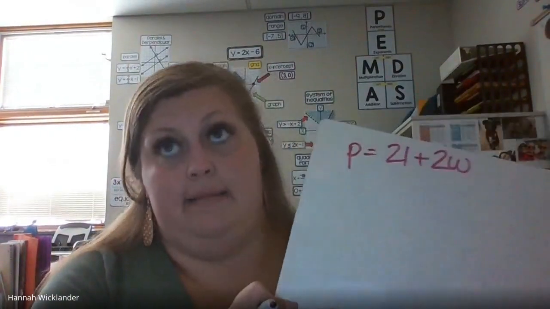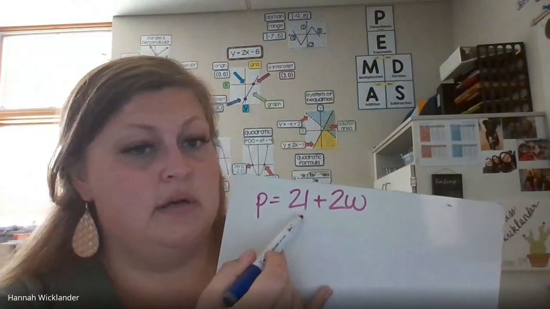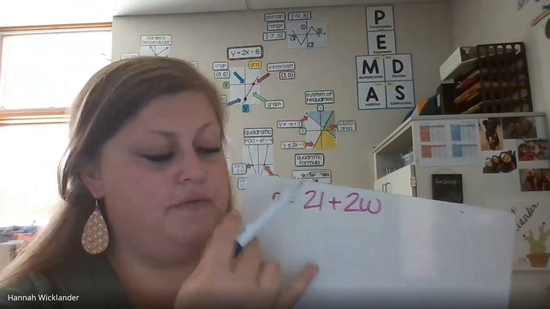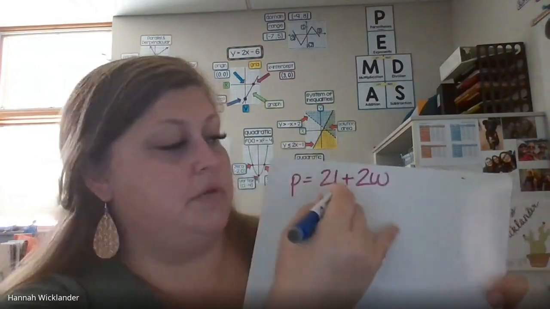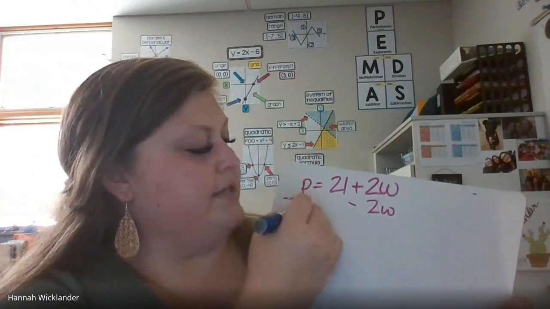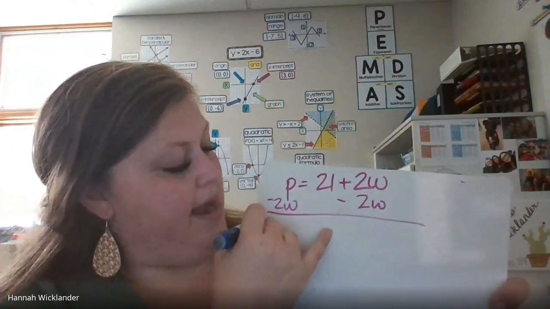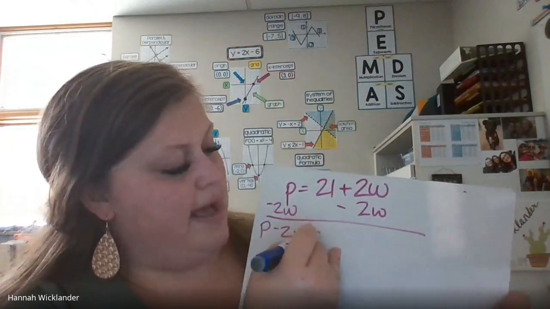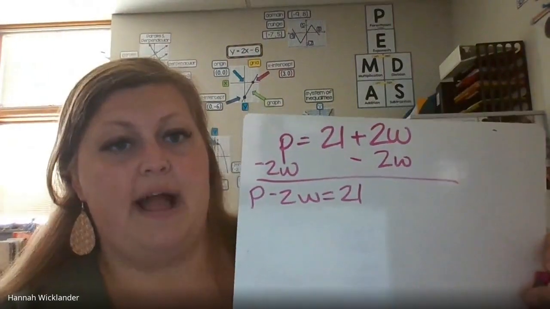Solve for L. So I'm going to get L by itself. So in order to do that, I need to move the 2W, and it's being added. So I'm going to do the opposite of addition, which is subtraction. What I do to one side of the equation, I must do to both. So P minus 2W equals 2L is my new equation. And now I'm going to solve for L.